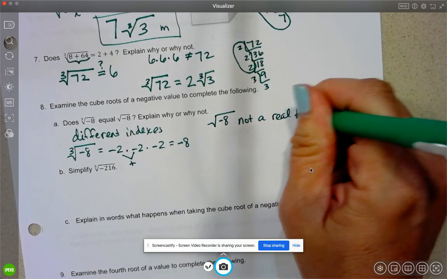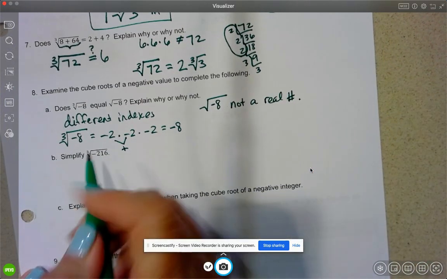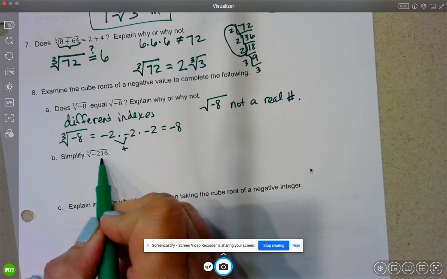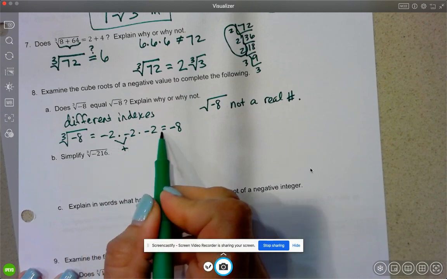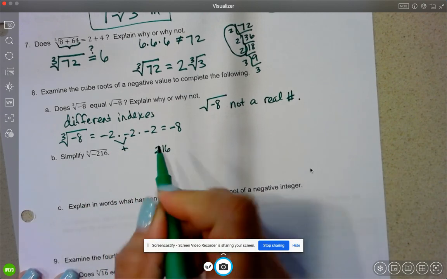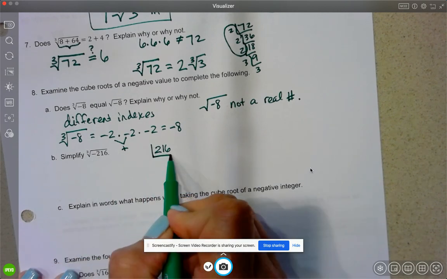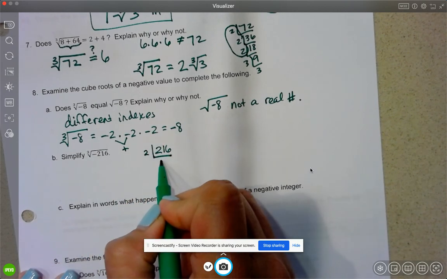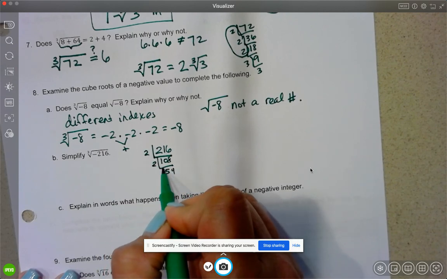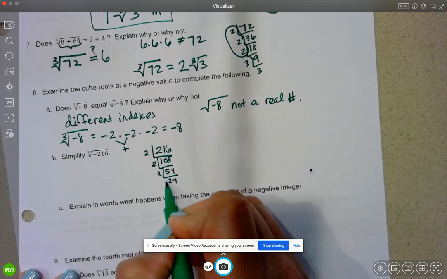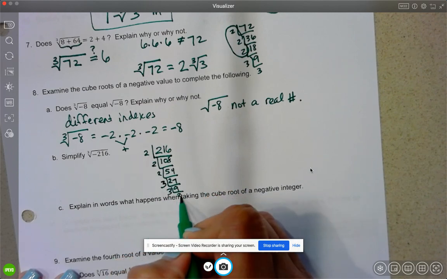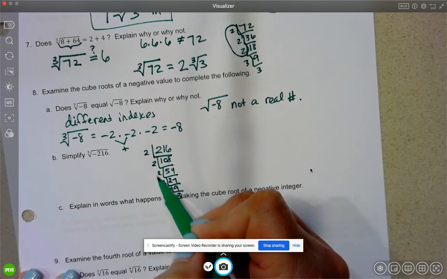Okay, so can I simplify a negative cube root? Well, up here it looks like I can. So I'm going to take 216 and figure out what the cube root of it is. 216 is divisible by 2, 108, divisible by 2, 54, divisible by 2, 27, divisible by 3, 9, divisible by 3. Okay, so I have a group of 3s and a group of 2s.